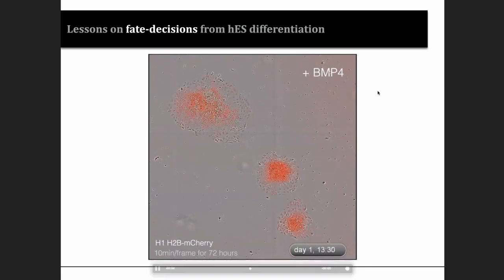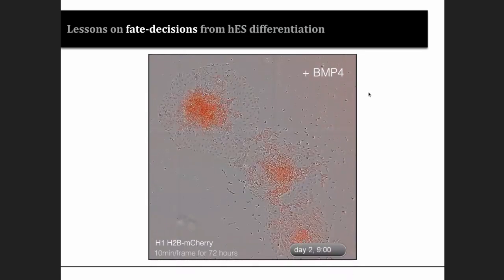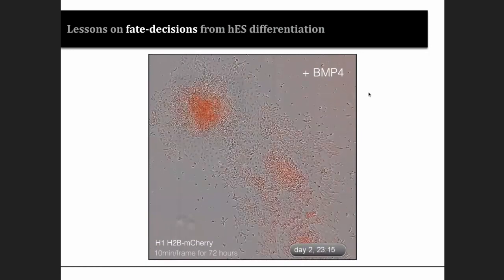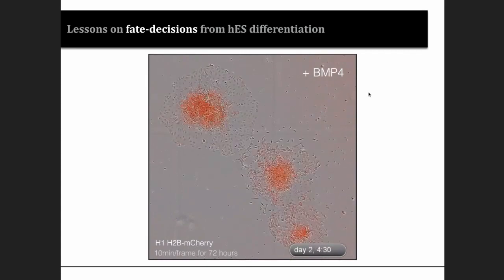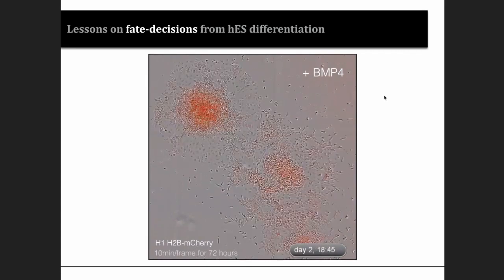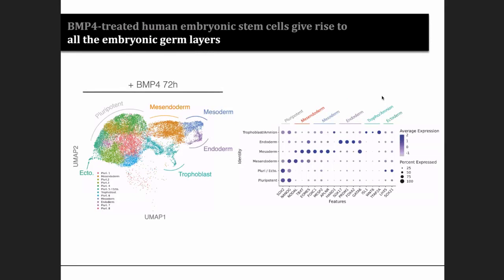Upon BMP4 stimulation, these cells go from tiny cells that grow in colonies to cells that are much, much bigger, about 10 times bigger, and are importantly able to migrate away from the colonies and live as single cells.